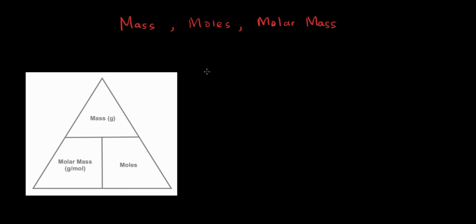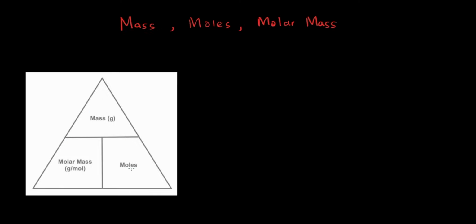So with that out of the way, let's calculate the mass, moles, and molar mass of a substance. The basic premise is, if you want to calculate something like moles, you need to have mass and molar mass. So if you want to calculate one of them, you need to have the two other ones.